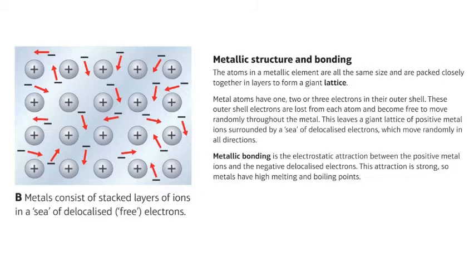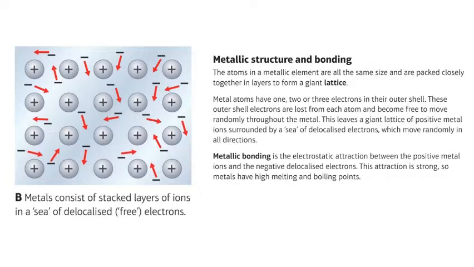We also call them delocalized because they're no longer local to the atom that they originated from. They can go wherever they want. And they surround that lattice and crush inwards because they're attracted back towards the positive metal ions. And that tightly packed structure with the electrons on the outside pushing back inwards makes the metal strong and difficult to melt.